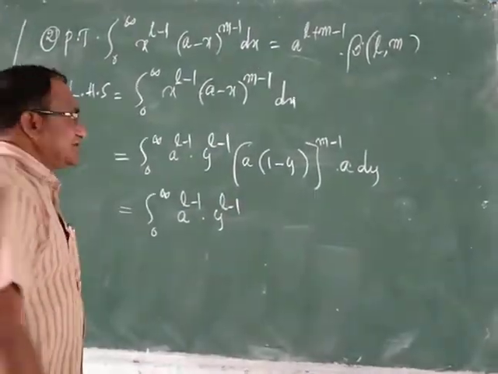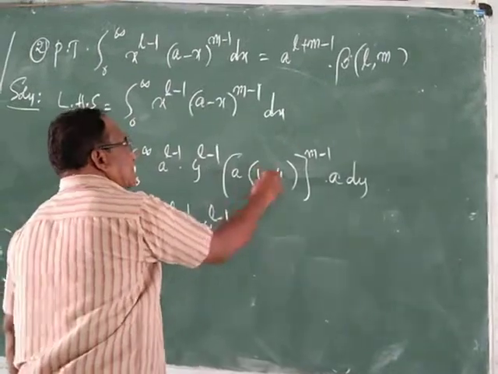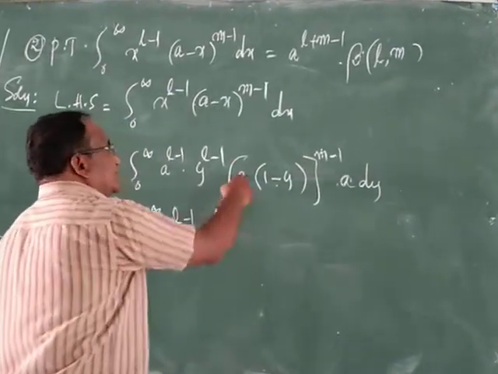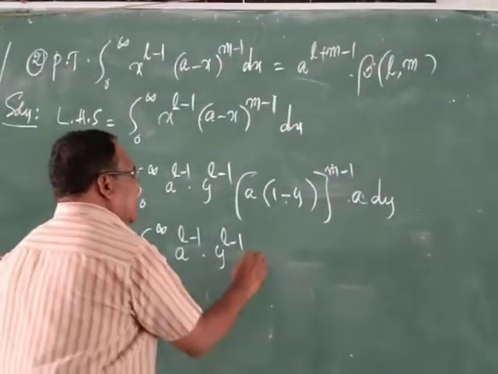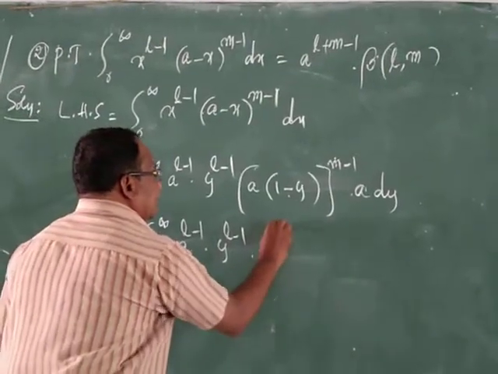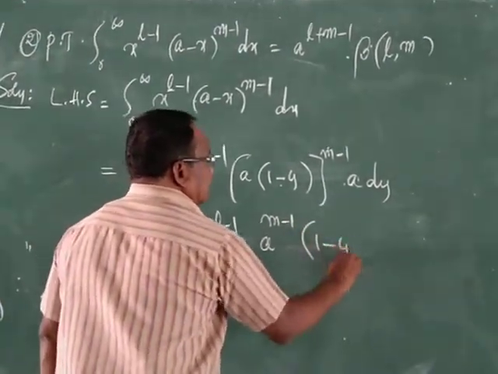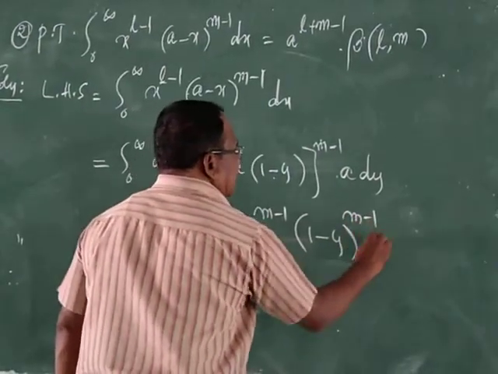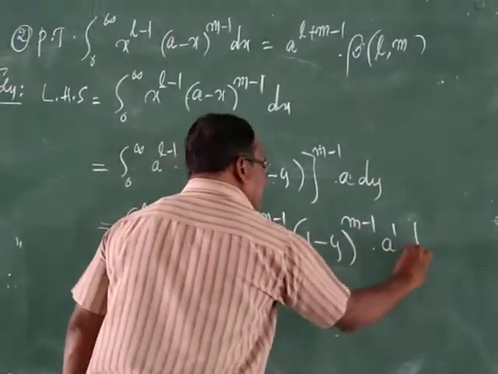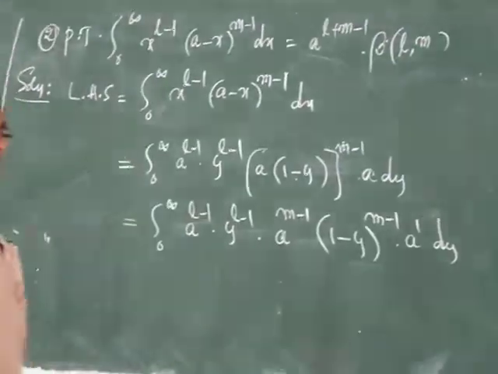Here of course a is a common factor, take it outside, 1 minus y to the power m minus 1. Write it as it is into a into dy. This is of the type ab whole to the power m, which is equal to a to the power m into b to the power m. Means it is a to the power m minus 1 into 1 minus y whole to the power m minus 1 into a to the power 1 into dy.